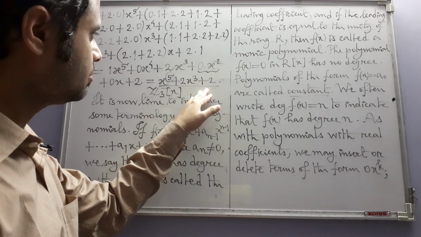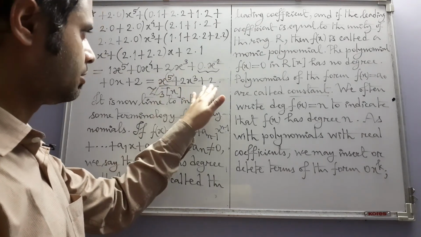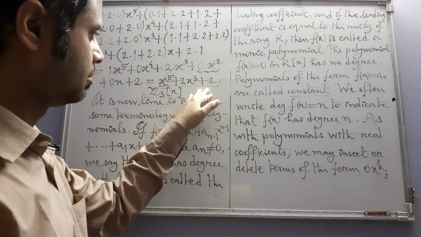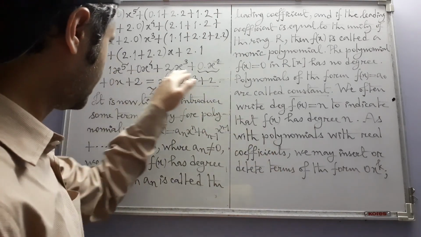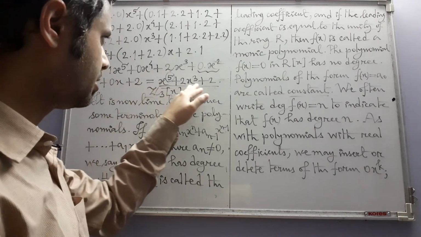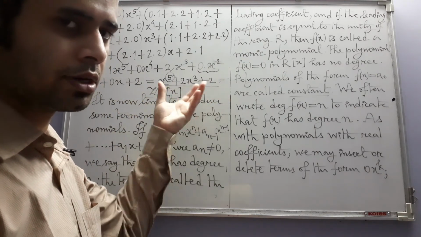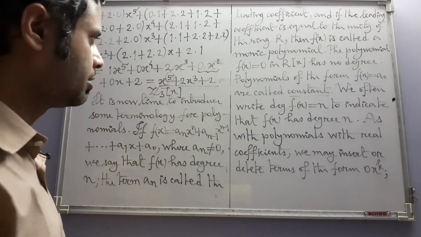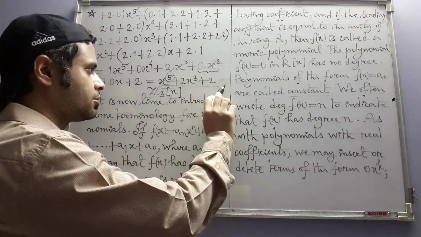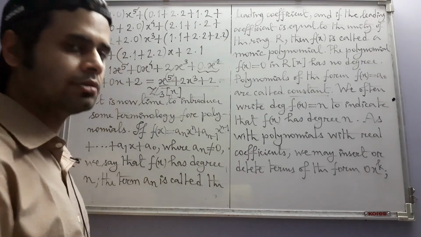Ideally we should not write like this, but following this convention we can write this polynomial much more easily and in a more compact form like this without writing these things. It's understood that whatever terms we don't see here have 0 coefficients.